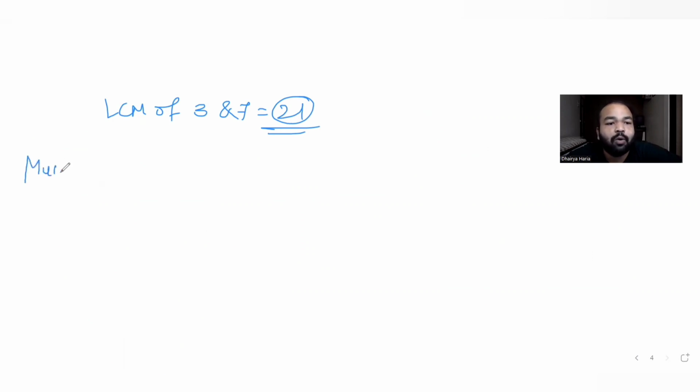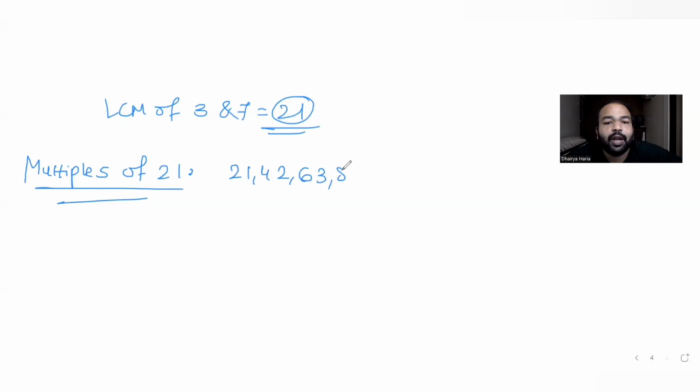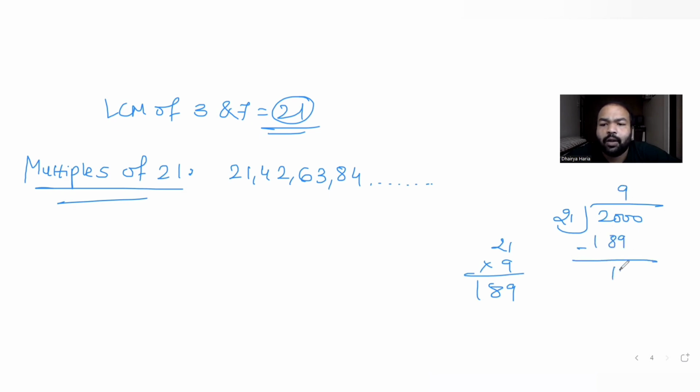So to find the favorable outcomes, we should also subtract the multiples of 21. So let's find out how many multiples of 21 are present which have been counted two times. Multiples of 21: first 21, 42, 63, 84. Likewise, for the last multiple of 21, I'll again divide 2000 by 21. 21 into 9 is 189, and I get 110, so 21 fives are 105.